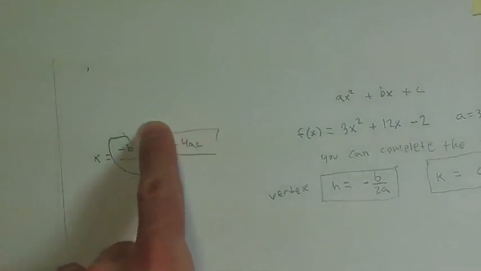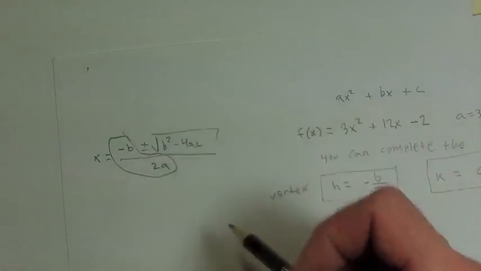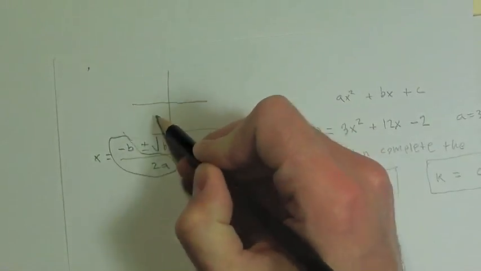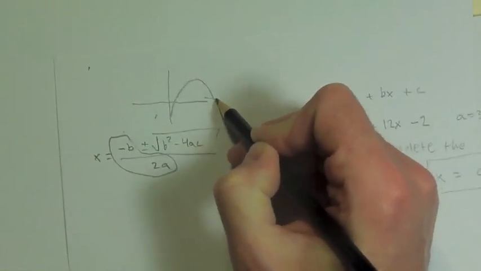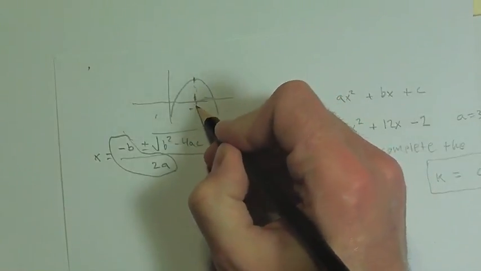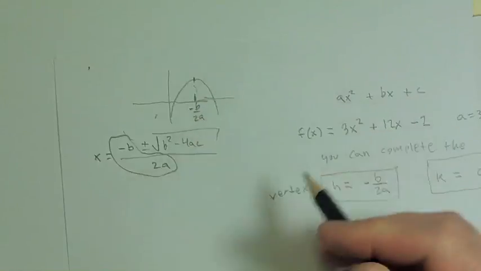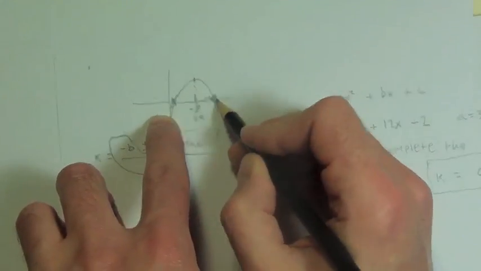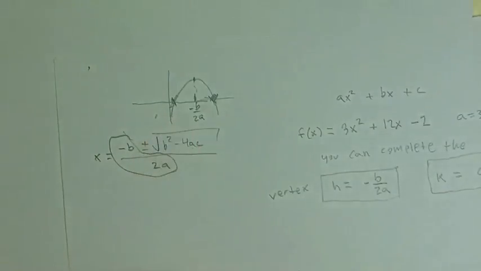And this plus or minus this thing over 2a, well, what's happening there is, say you have a quadratic, here's the vertex, and it's going to be at negative b over 2a, and plus or minus where the quadratic hits the x-axis is where it's equal to 0.